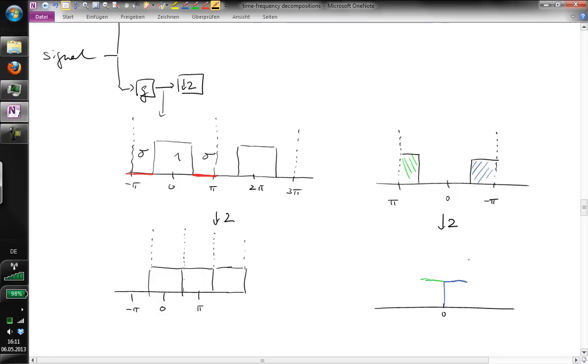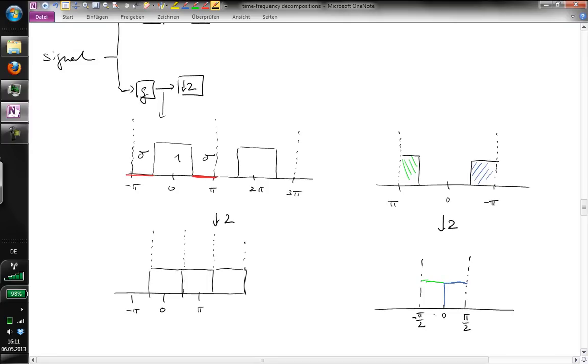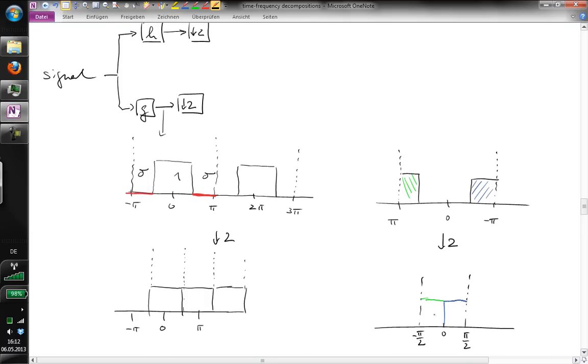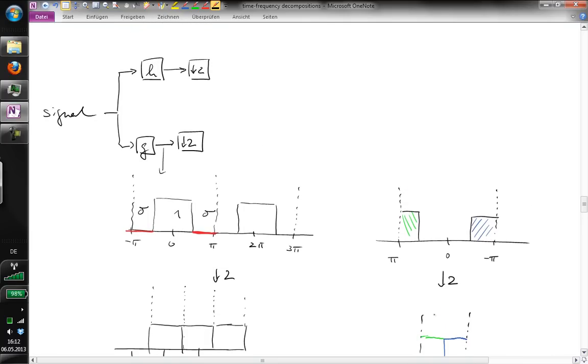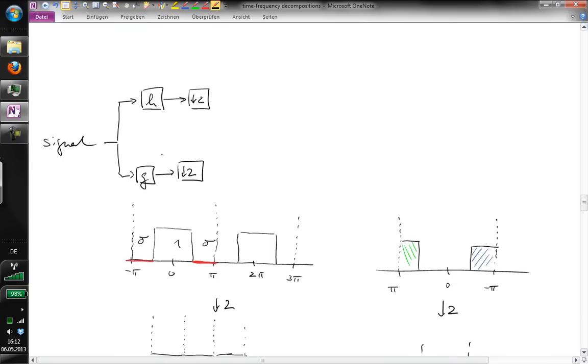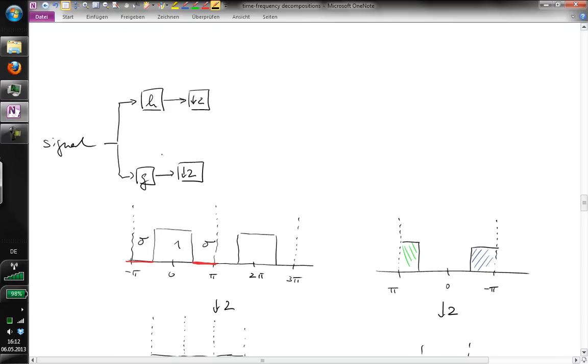And here are again my periodic boundary conditions. And I have not created any spectral overlap. So this illustration was for perfect high pass and low pass filters, but for suitably constructed filters G and H, this works even when they're not perfect high pass or low pass filters.